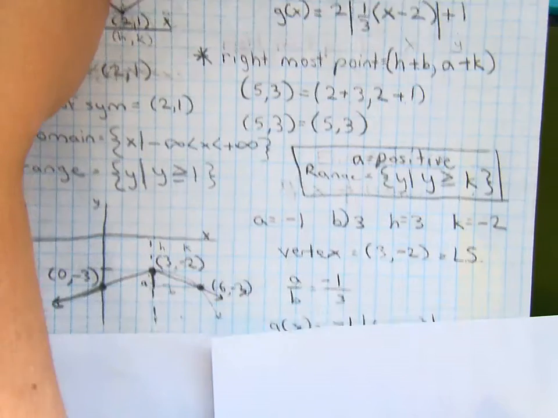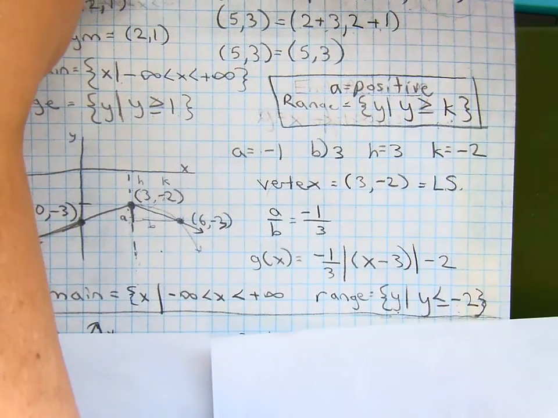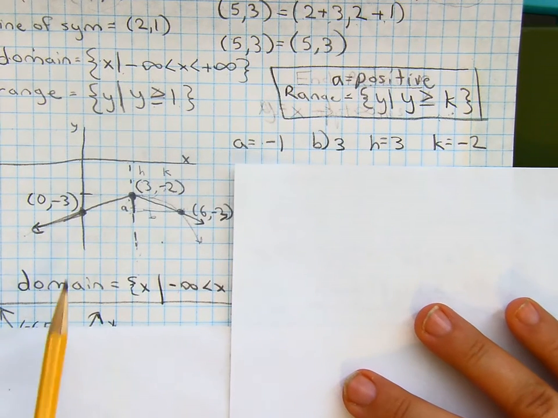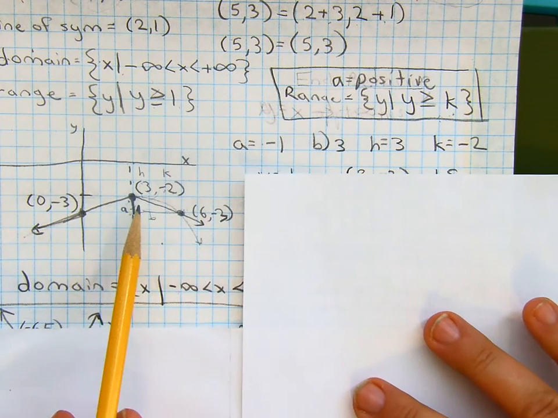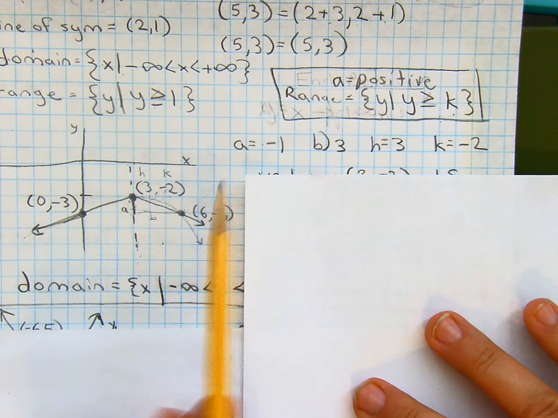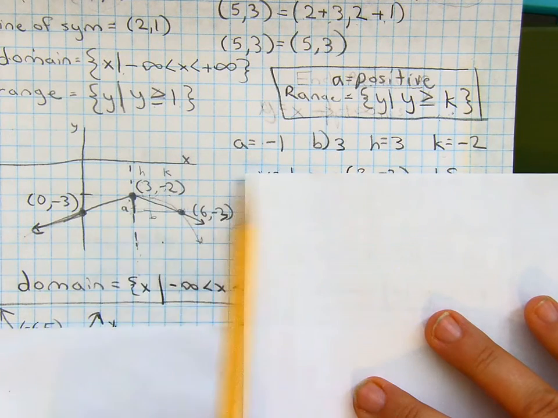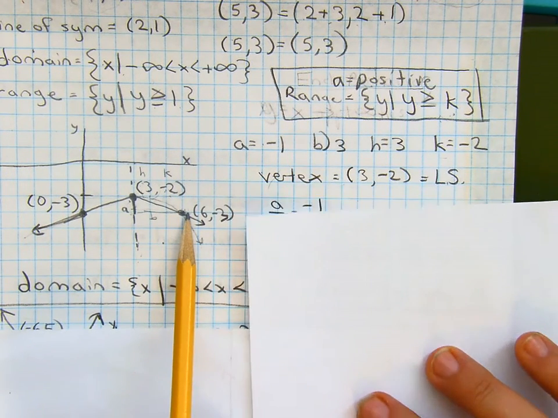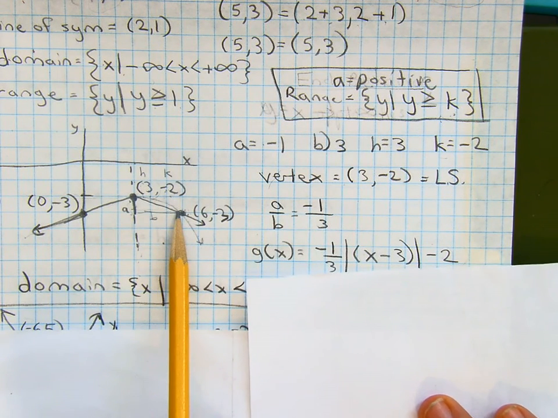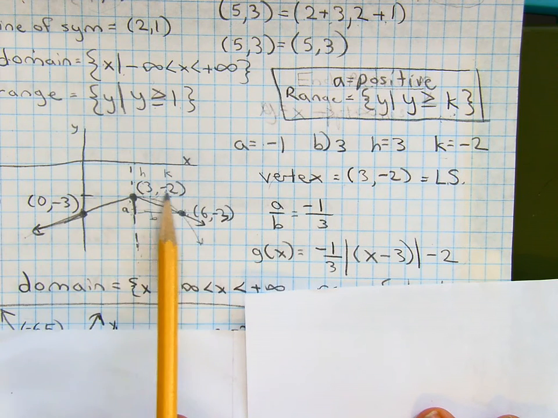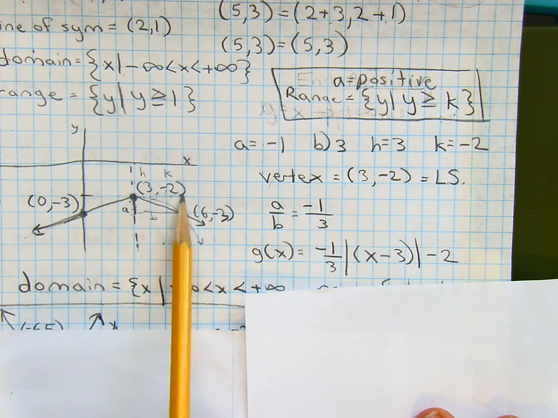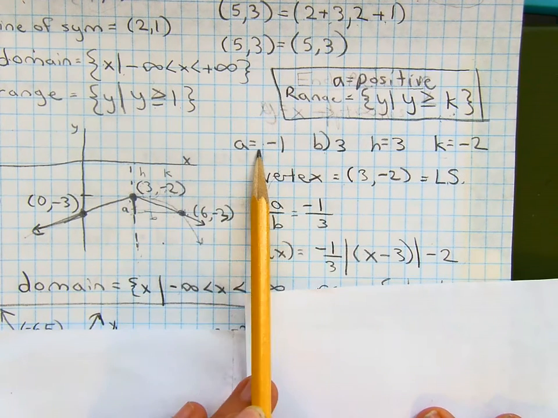So let's look at another example for you to copy down. So again, we have our bits of information. Our h and our k was our vertex. Then our rightmost point, we went over 3 and down 1. So my b and my a.